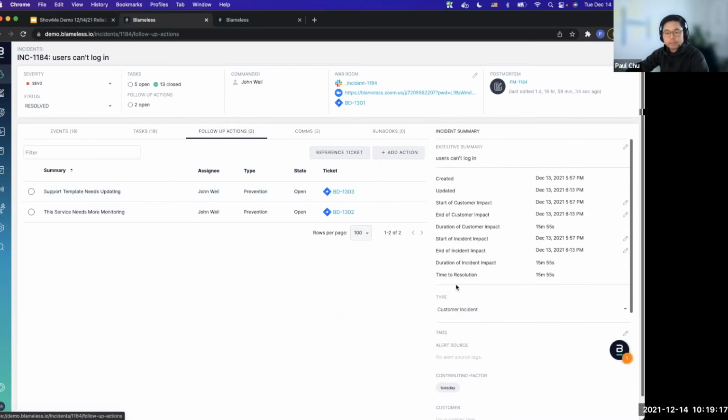We'll have various timestamps. So we'll separate things like start of customer impact, start of incident impact, and then be able to calculate things like duration of customer impact and duration of incident impact.